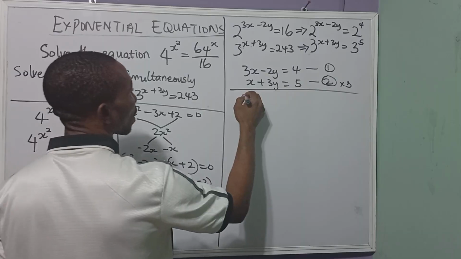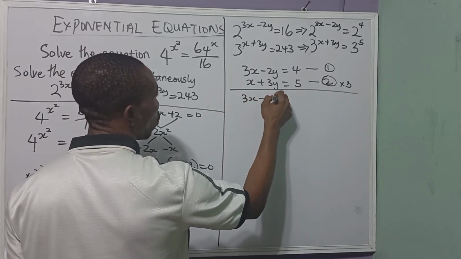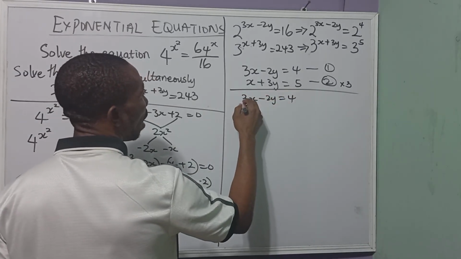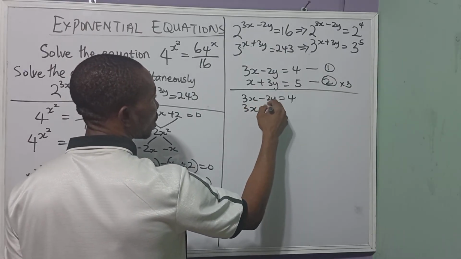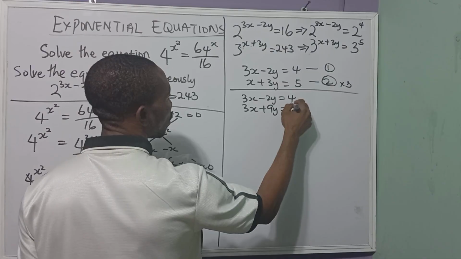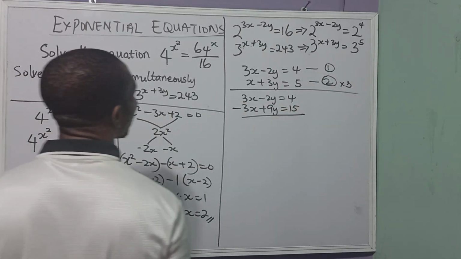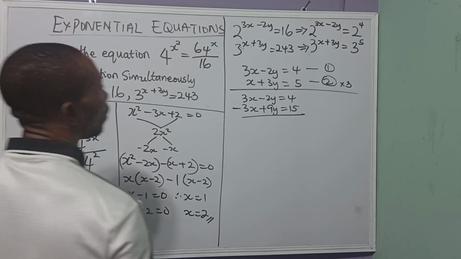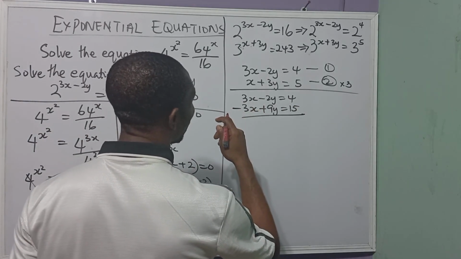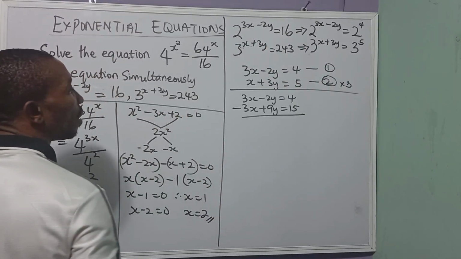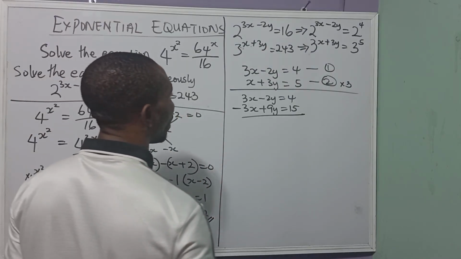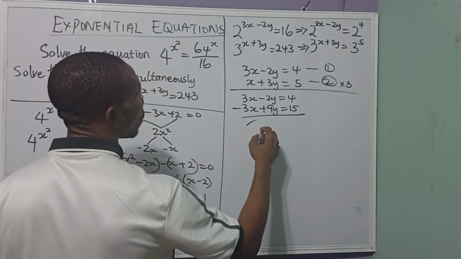This becomes 3x minus 2y equals 4 and 3x plus 9y equals 15. Here we are going to subtract. 3 minus 3 gives us 0.